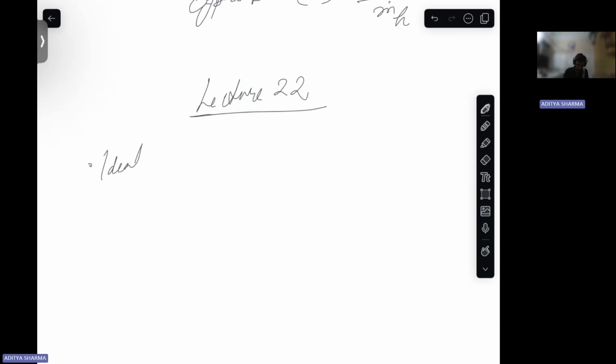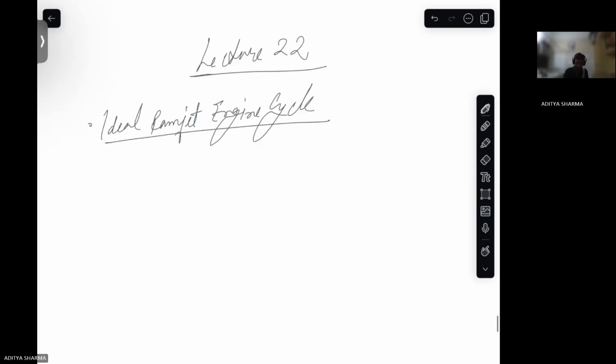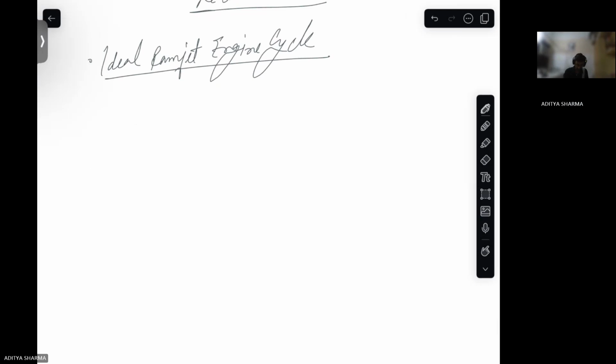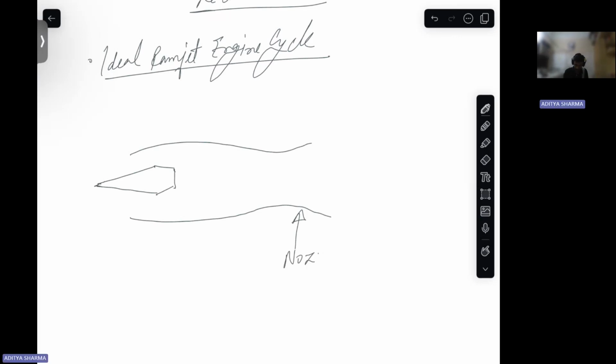Lecture number 22. This topic is ideal ramjet engine cycle. It is something like this. Then we have this cone and structure for inlet purpose and to compress the air coming in.